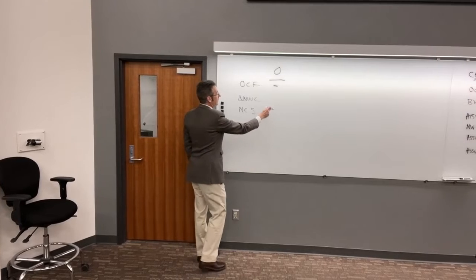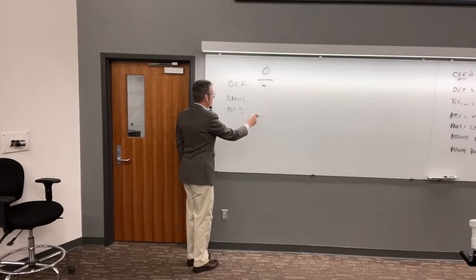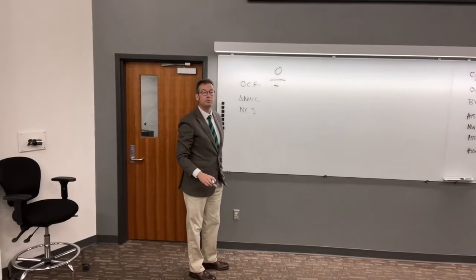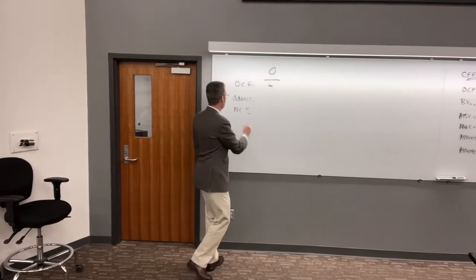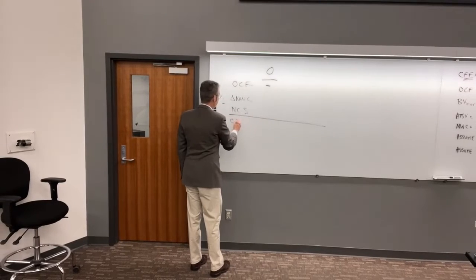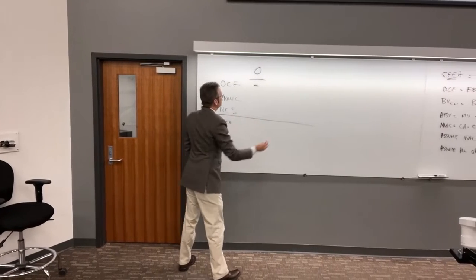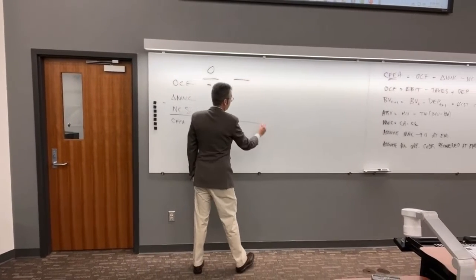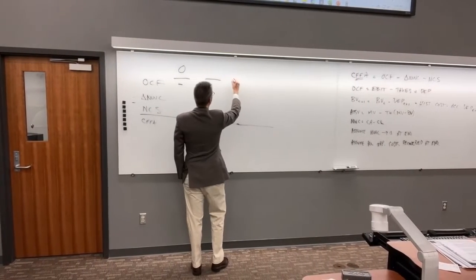We do have net working capital, and we do have net capital spending. And so we're going to add all these, or we're going to do subtraction here to get CFFA. And you'll see why I'm only putting one dash in between here in a minute.